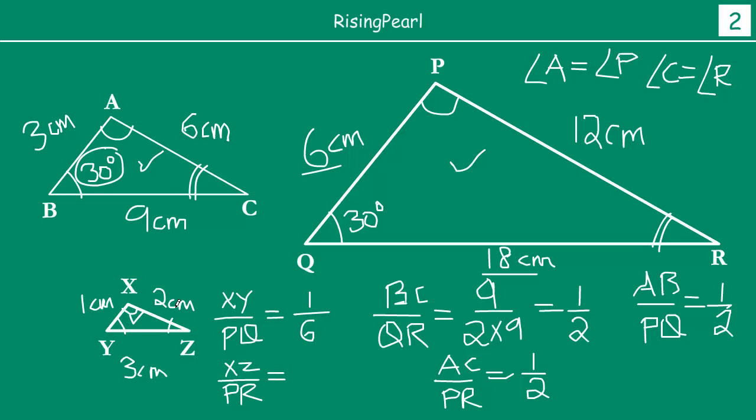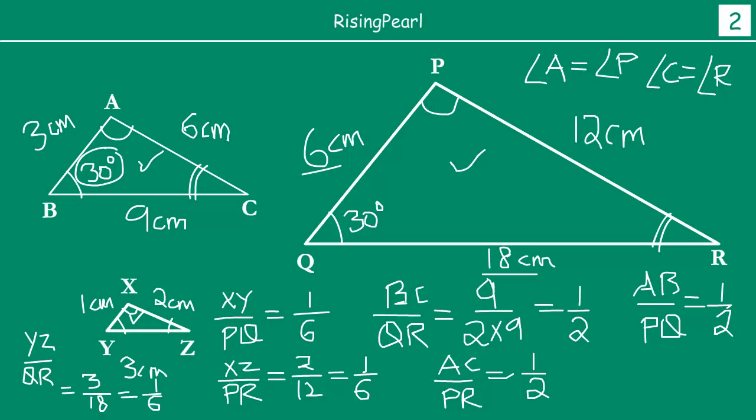So this is 2 and this is 12, which is nothing but 1 by 6. And similarly, this is 3, QR, right, equal to 3 by 18, which is again nothing but 1 by 6.